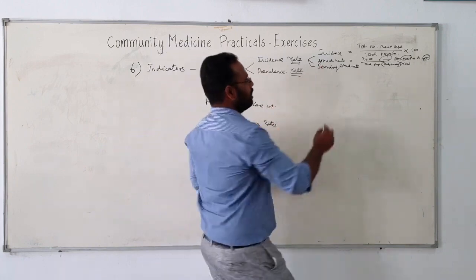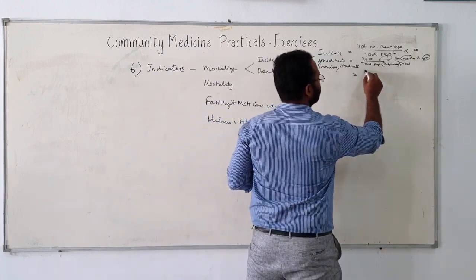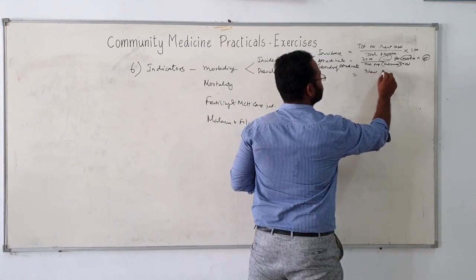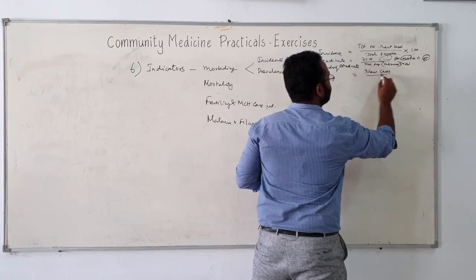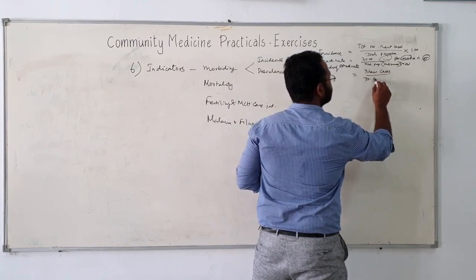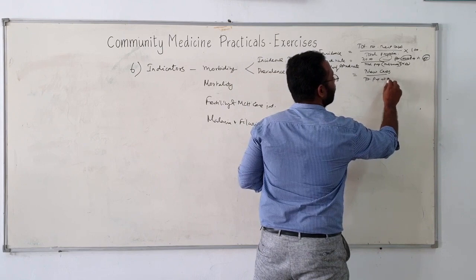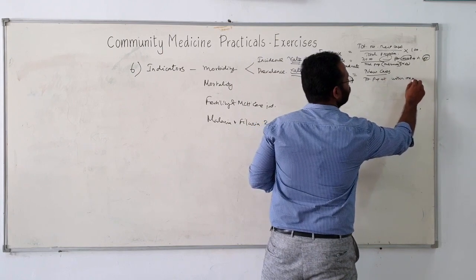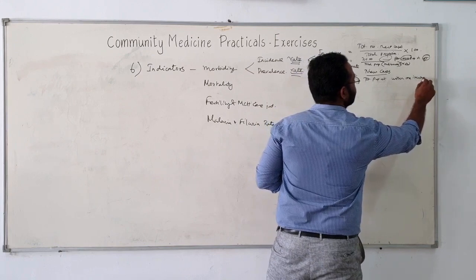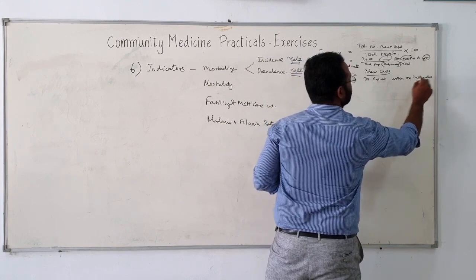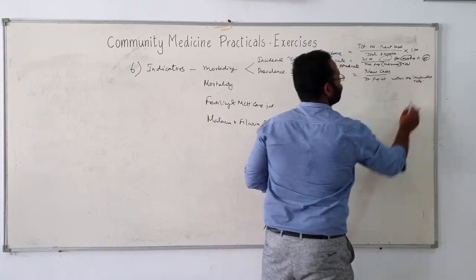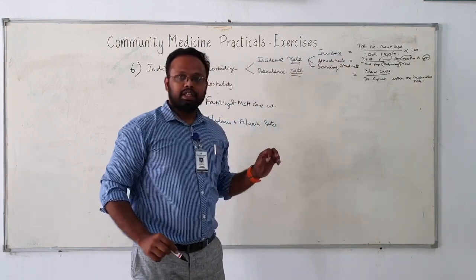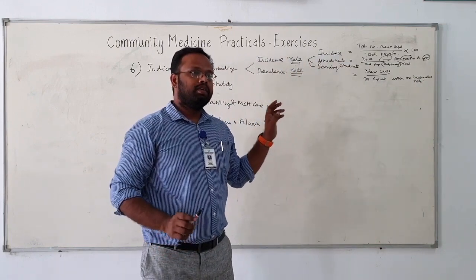Then secondary attack rate is total number of new cases divided by total population at risk within one incubation period. This is called secondary attack rate.